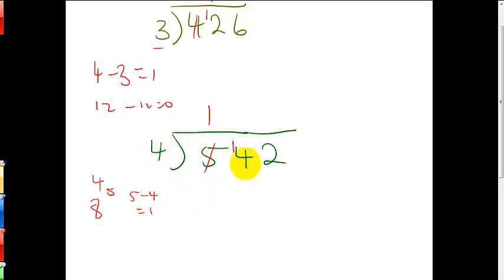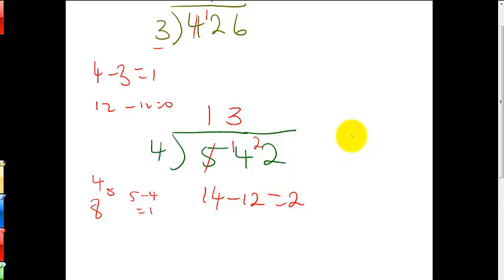How many times does 4 go into 14? So 4 times what is close to 14? 4 goes into it 3 times, because 4 times 3 is 12, right? So then what's the difference? What's remaining? 14 take away 12. That gives us 2, a remainder of 2 there. How many times does 4 go into 22?